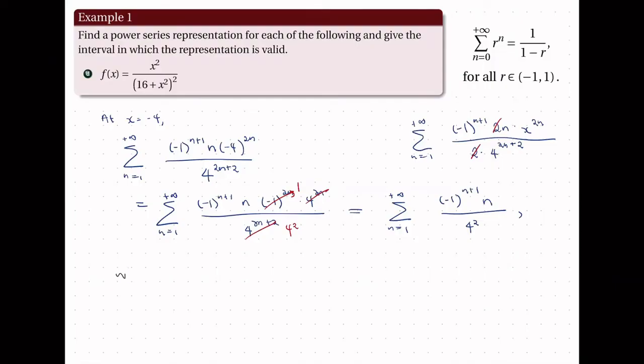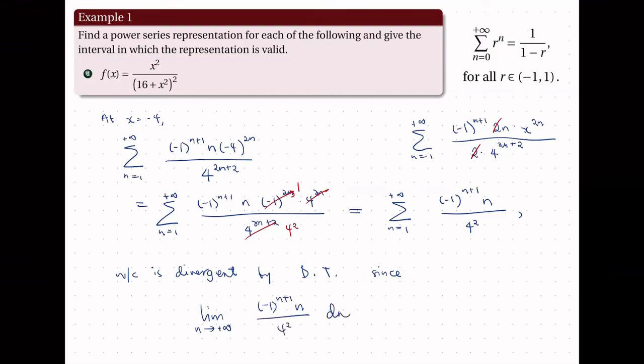And we know that this is divergent by divergence test. Tama? Since the limit as n goes to positive infinity of negative 1 raised to n plus 1 times n over 4 squared does not exist.